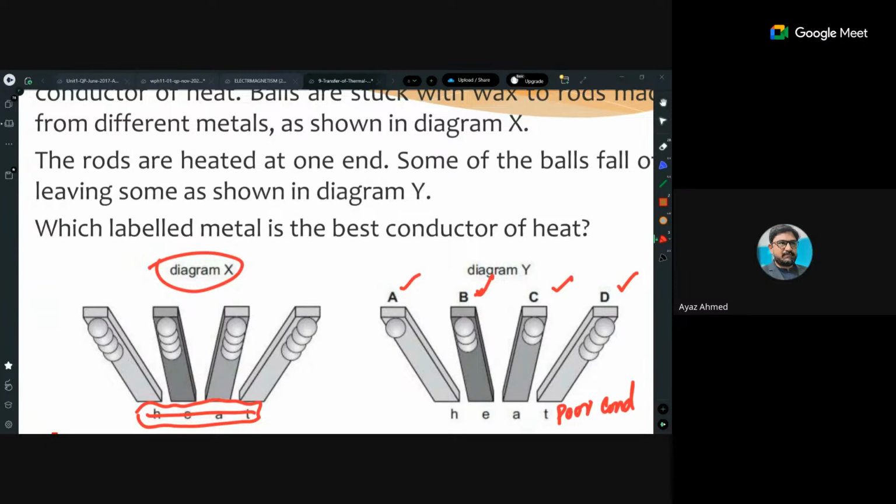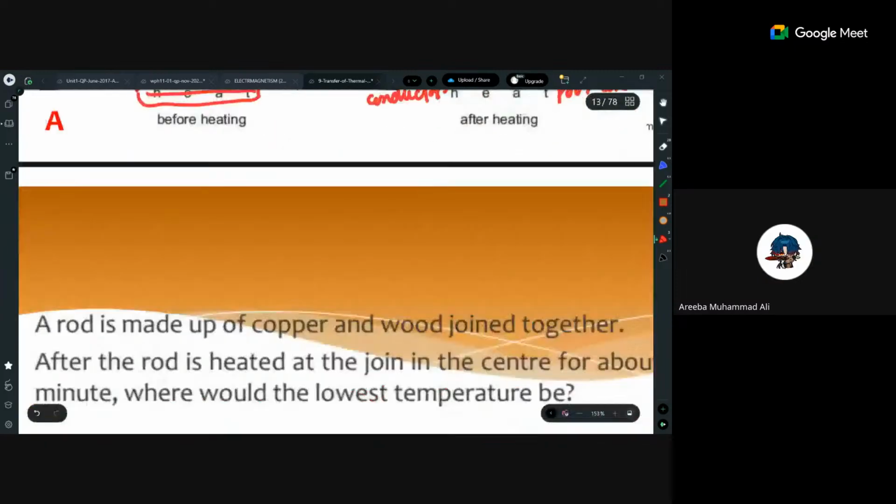Yeah, poor conductor is D. And what is the good conductor? Our best conductor? A. Yes. Got it? These types of questions would be asked.